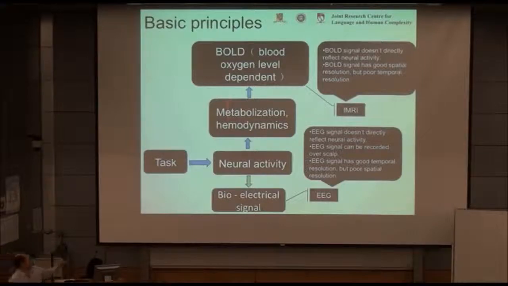So anyway, these techniques can examine brain functions, but all indirectly. Neural activity through electrical signals is picked up by EEG, and neural activity causes changes in blood signals that are picked up by fMRI. So there are some limits of such techniques.